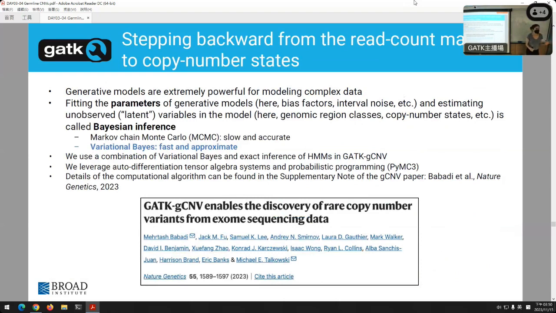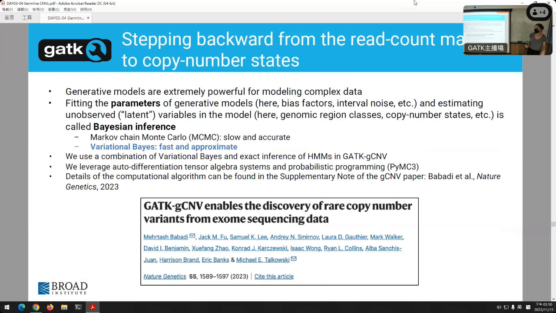And it turns out once we have described those relationships with this generative model, we can then use Bayesian inference to go in the reverse direction and use the actual observed data to estimate the copy number state in each individual at each interval.